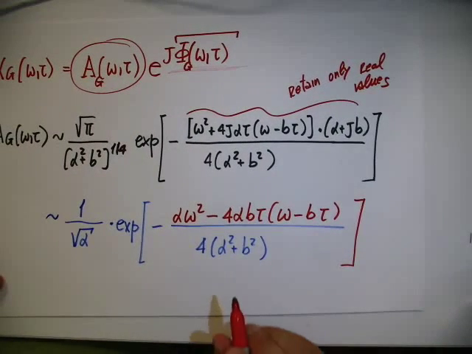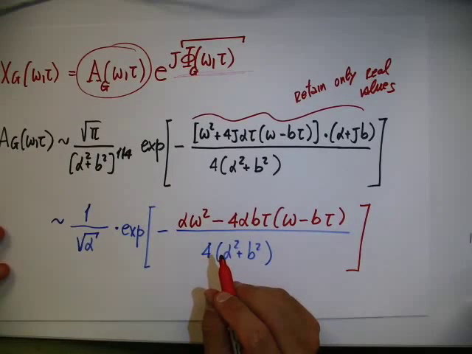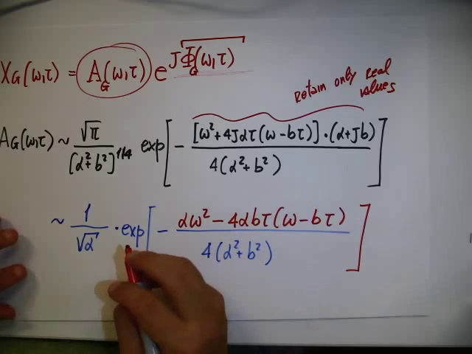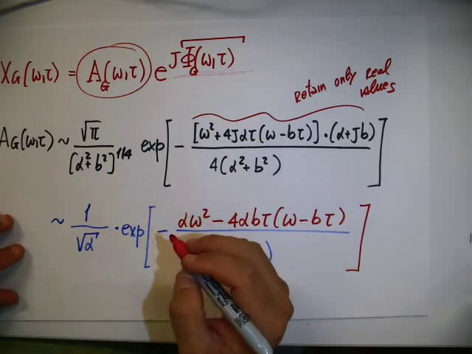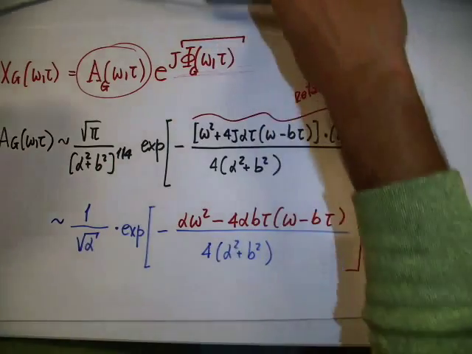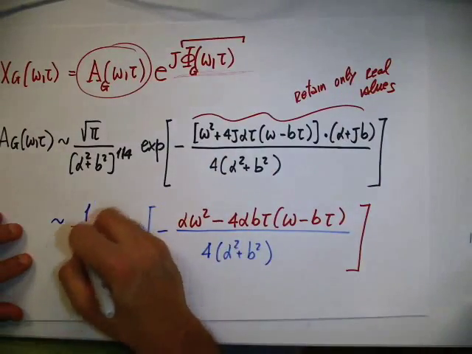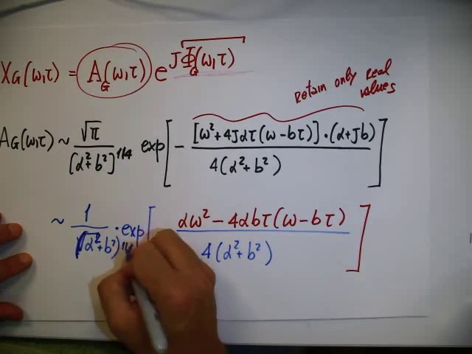And more or less, this is the story, actually. To be precise, let me keep the entire dependence. So I'm going to write alpha square plus beta square to the power of a quarter.